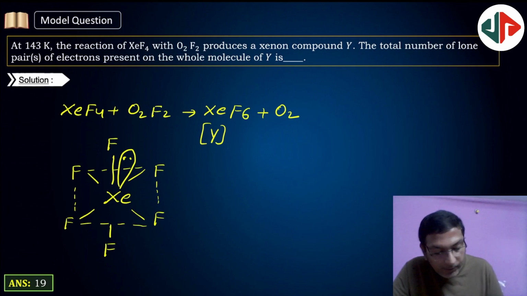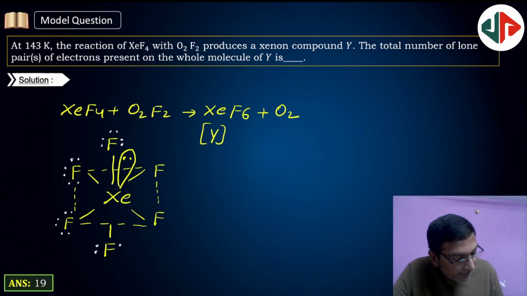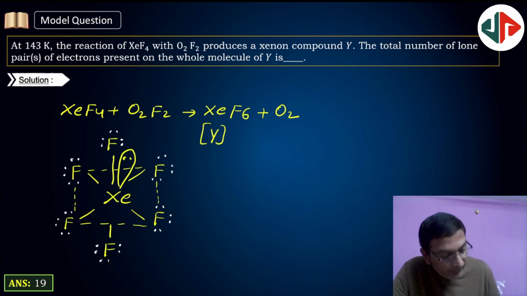Next, on each fluorine, we know 3 pairs. Now check. Each fluorine has 3 lone pairs.